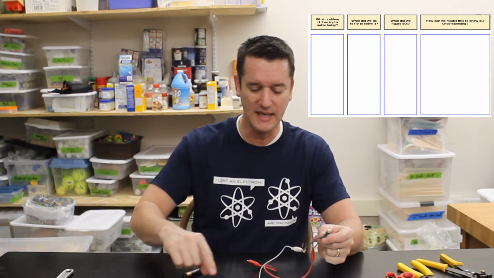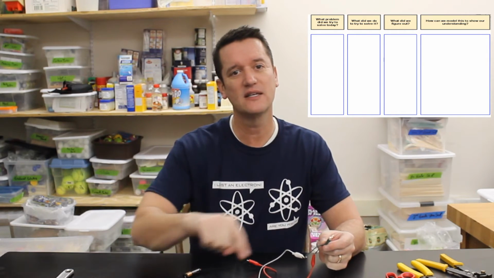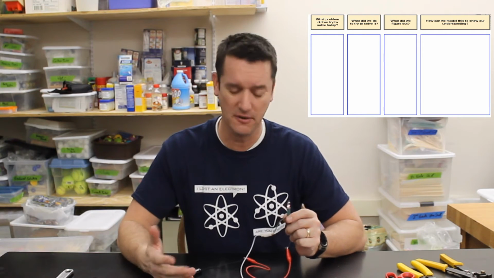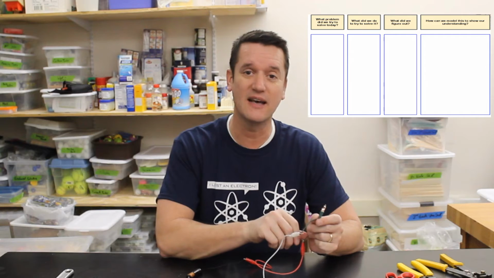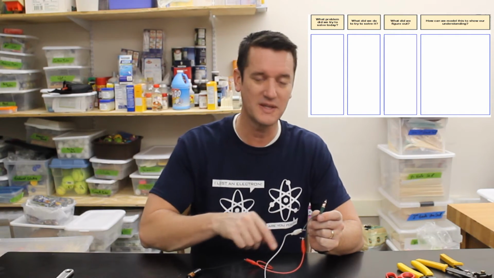The next column talks about what did we figure out. Now we figured out a lot of stuff today. We figured out that we need to have a complete circuit in order for the light bulb to light. We also figured out that electricity, electrical energy, has to do with these electrons, these pieces of the atom that go flying through this wire.